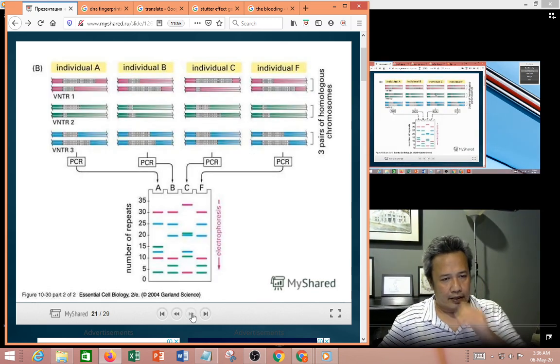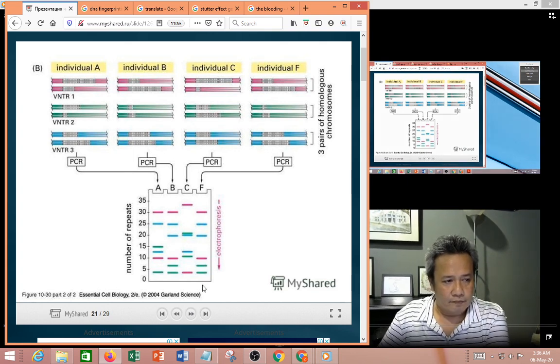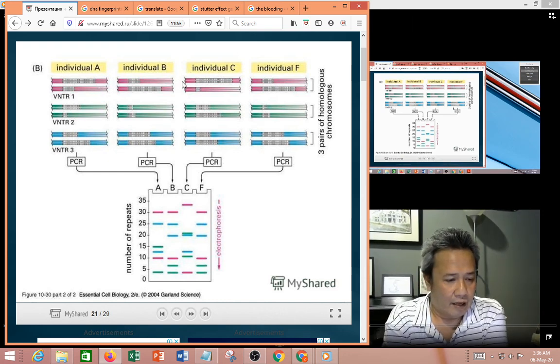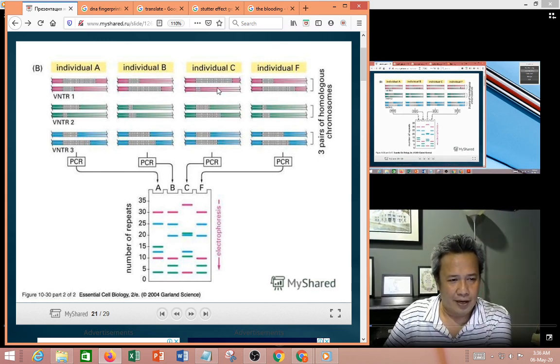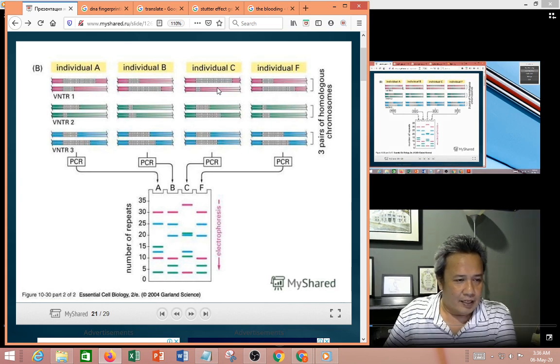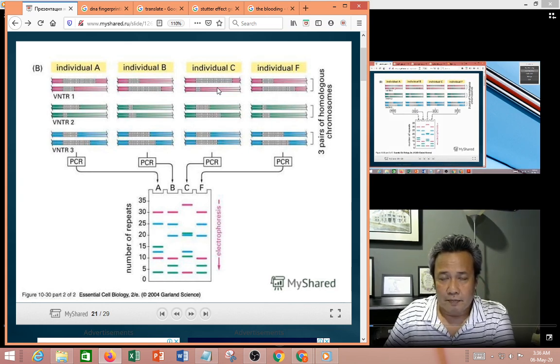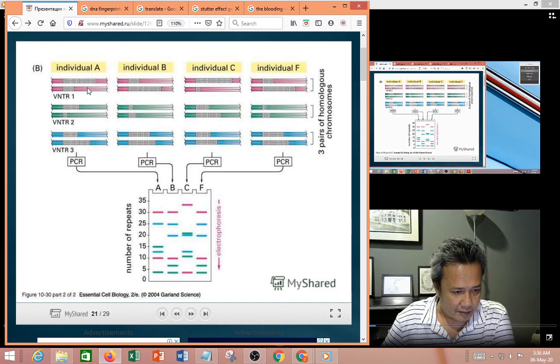So look at this. You have three individuals, individual A, B, C, and F. Now what it's trying to say is, where is the match? Different colors refer to different loci. For this locus, A is that and that, B is the same, C is different, and F is also the same.